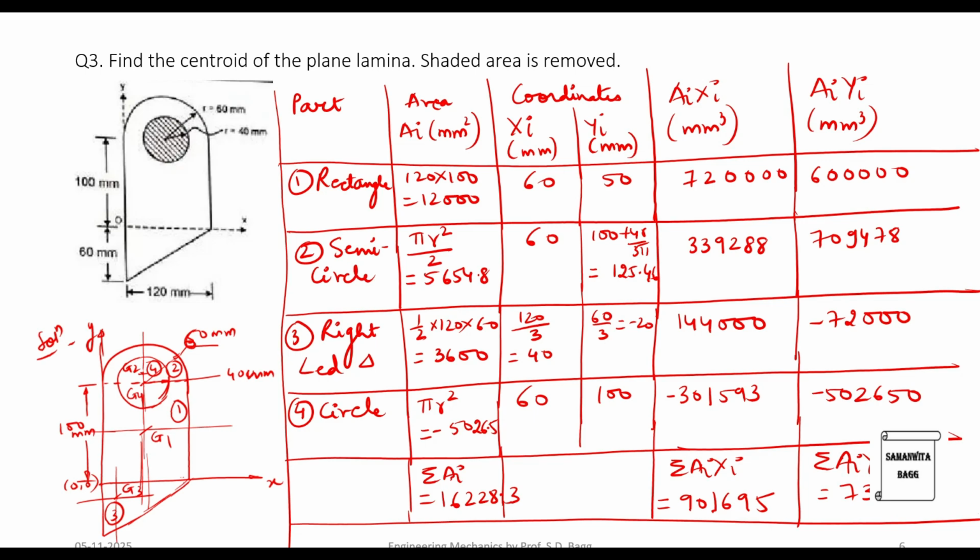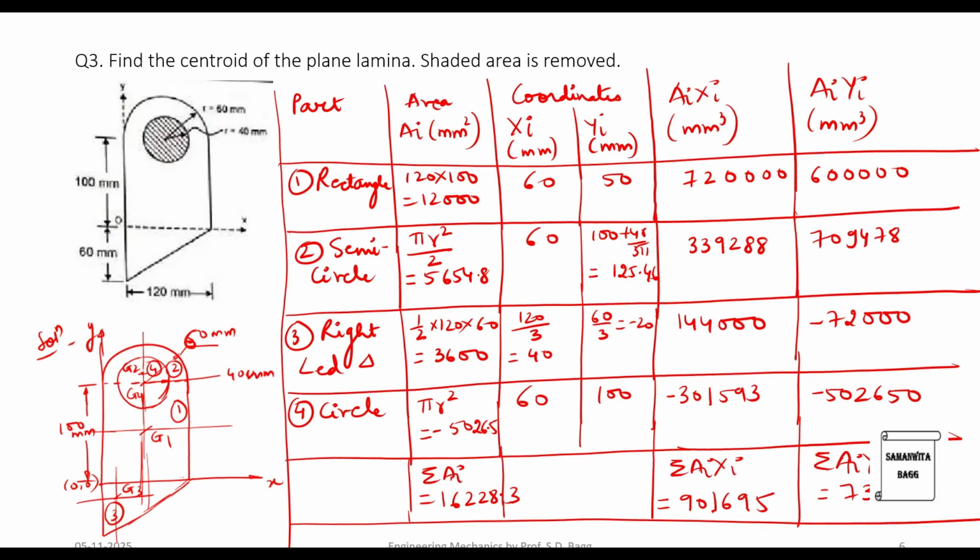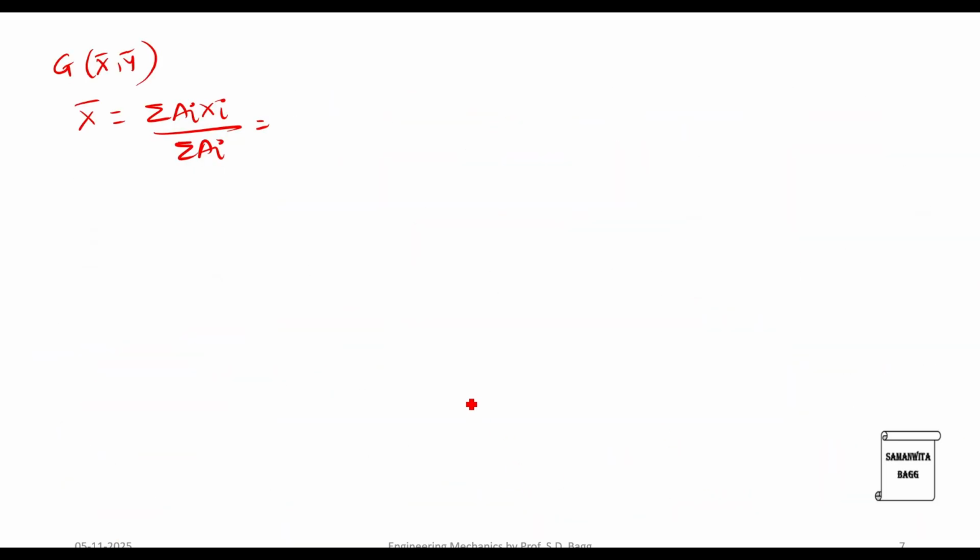So once you get this entire table, what you have to find is G, x bar, y bar. X bar is summation Ai xi upon summation Ai. So this is Ai xi, this is Ai. You get this value as 55.56 mm.